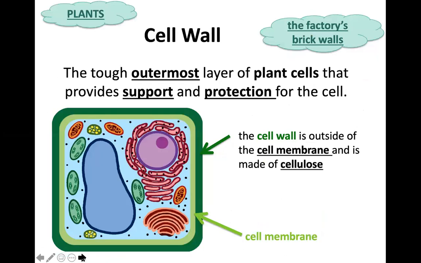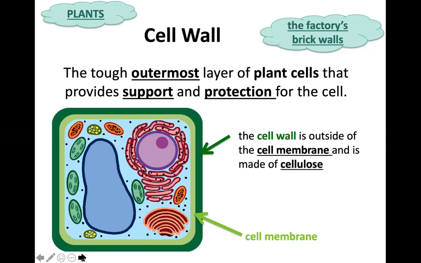All right, next is the cell wall. The cell wall is the tough outermost layer of a plant cell, and this is what provides support and protection for the cell. So remember that it is found outside of the cell membrane in a plant cell. And it's made of what? Cellulose.